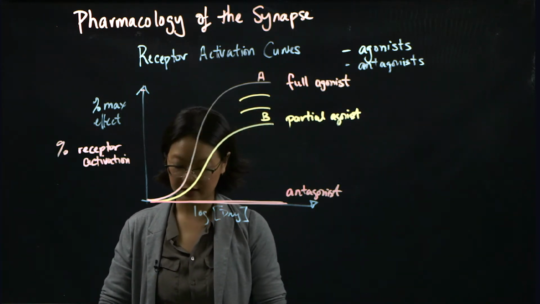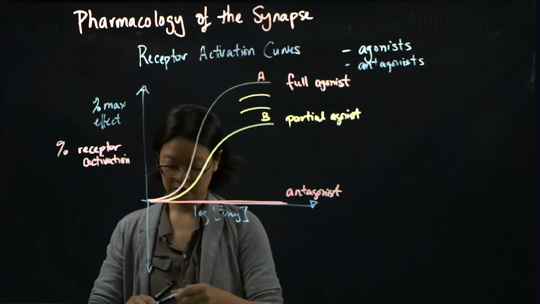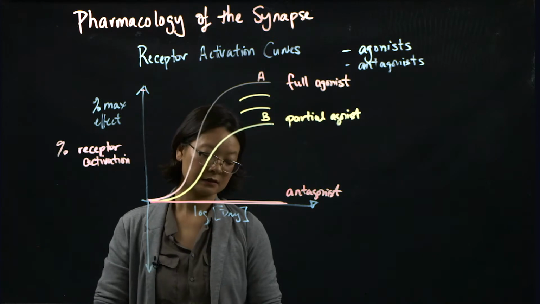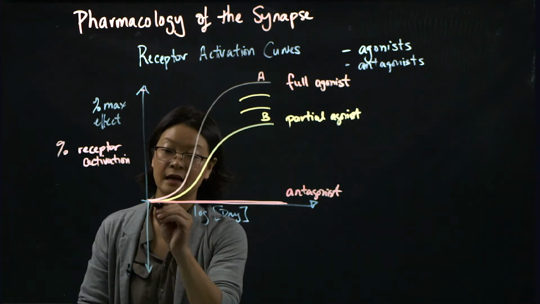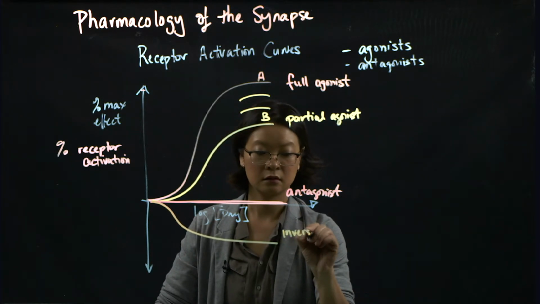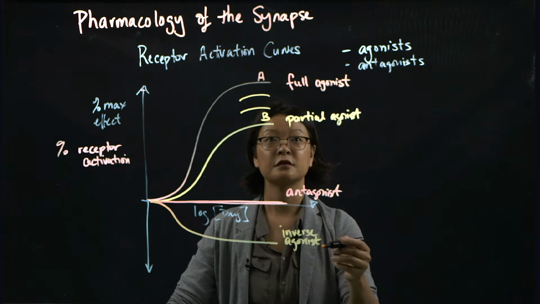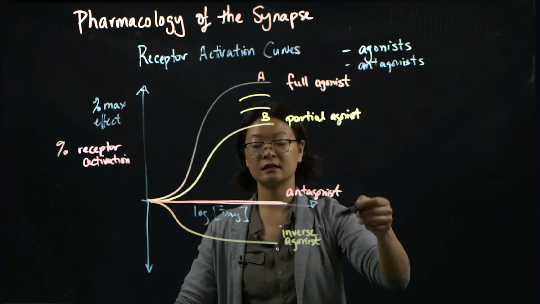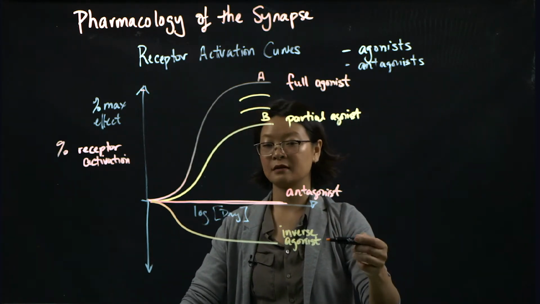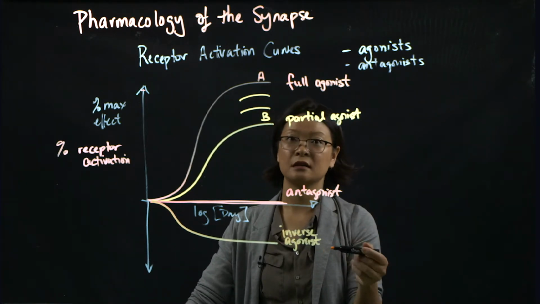And this is in contrast to another concept of an inverse agonist. An inverse agonist differs from a partial agonist and full agonist in that it causes the opposite effect. It also differs from an antagonist because it actually does cause an effect.